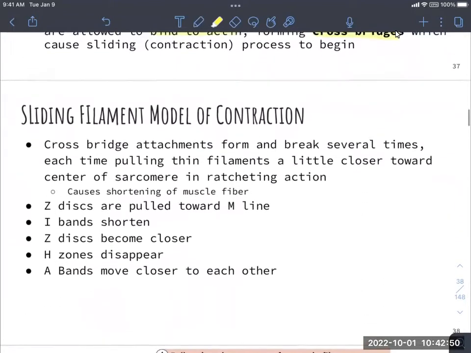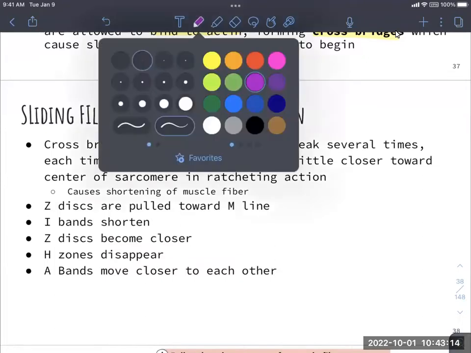So let's look at all parts of it. We're going to start going through steps and what happens. When a muscle contracts, those myosin heads attached to the actin filaments are going to release. The head is going to move back to its original position.